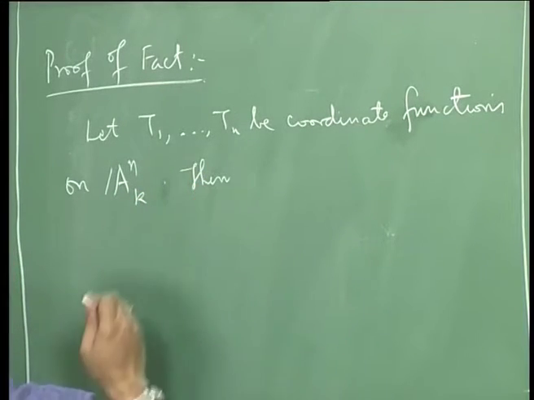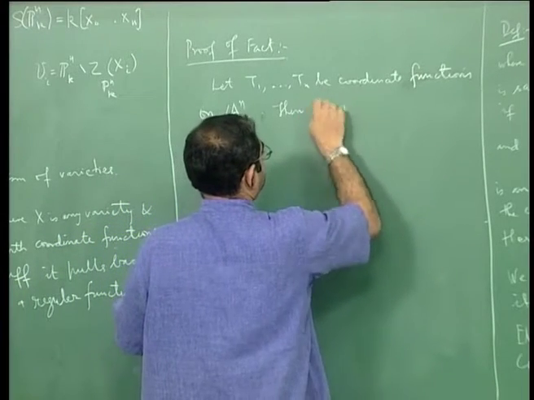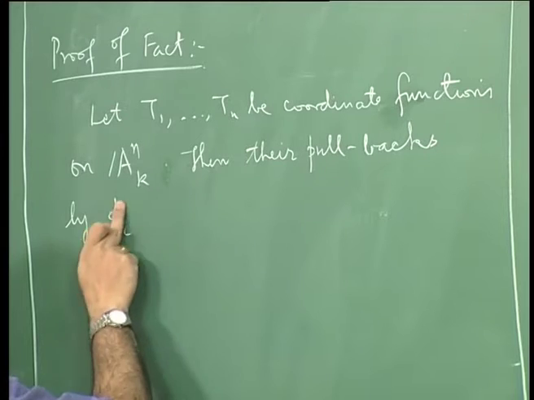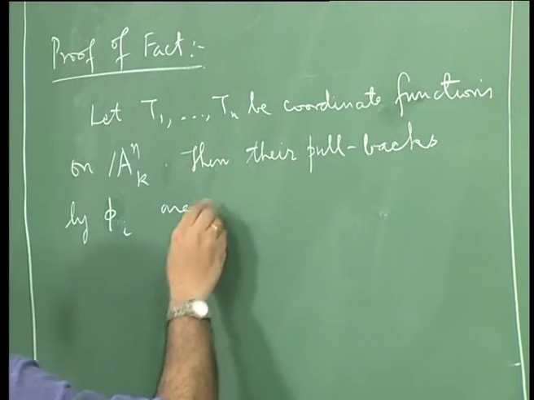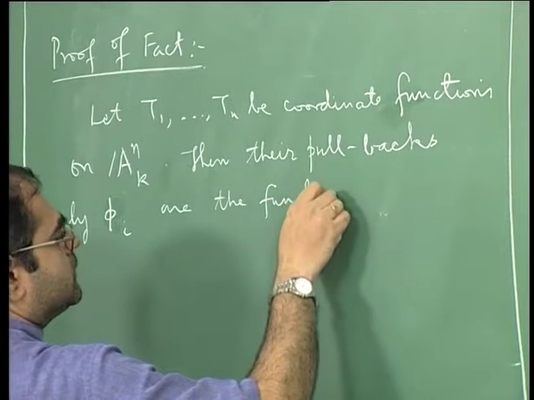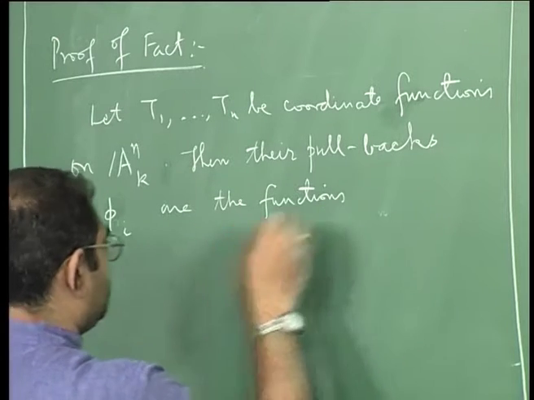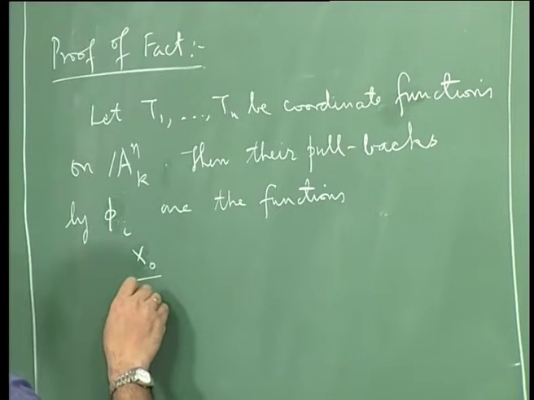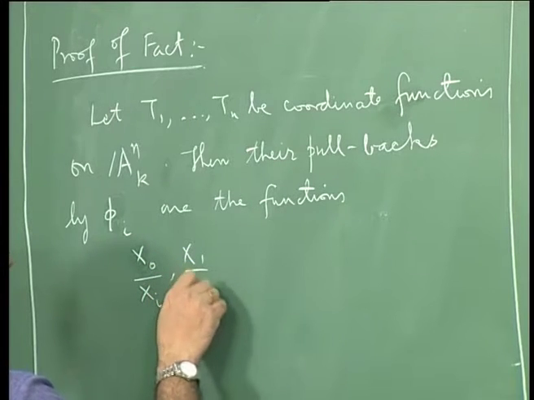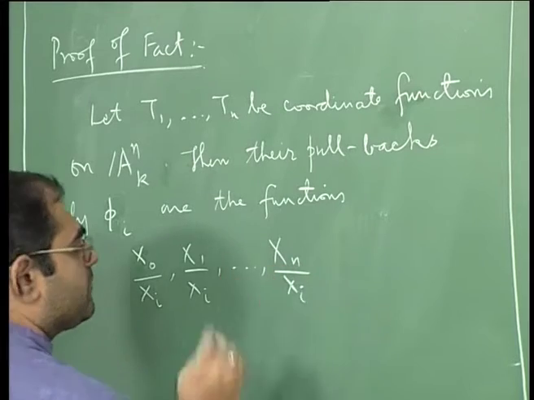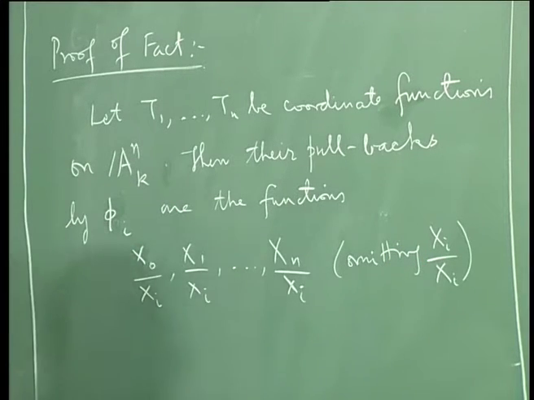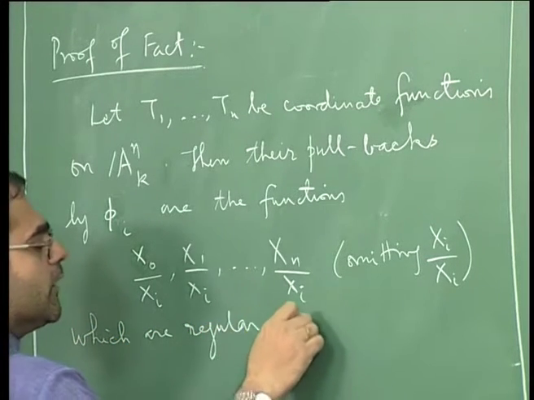Then their pullbacks by phi are the functions x0 by xi, x1 by xi, and xn by xi, omitting xi by xi, which are regular on Ui.